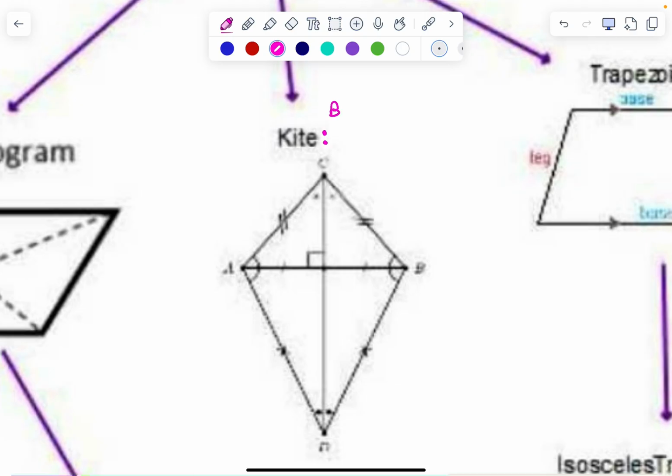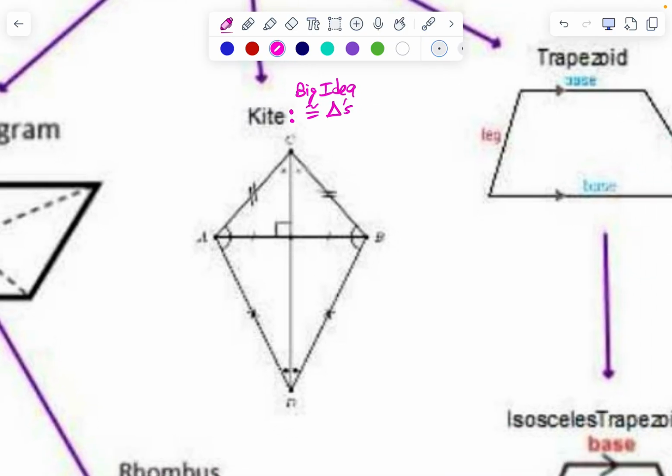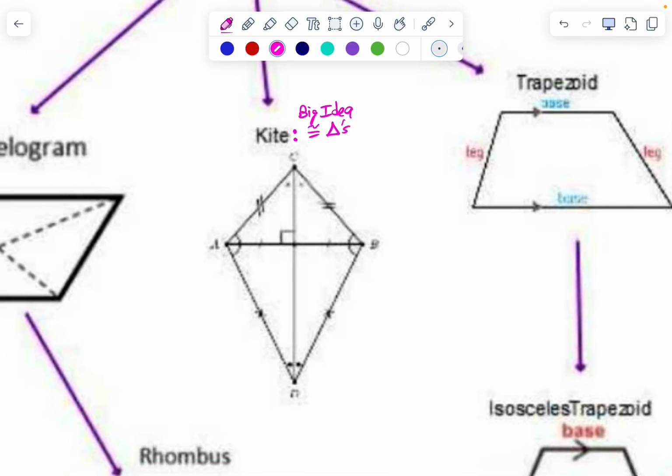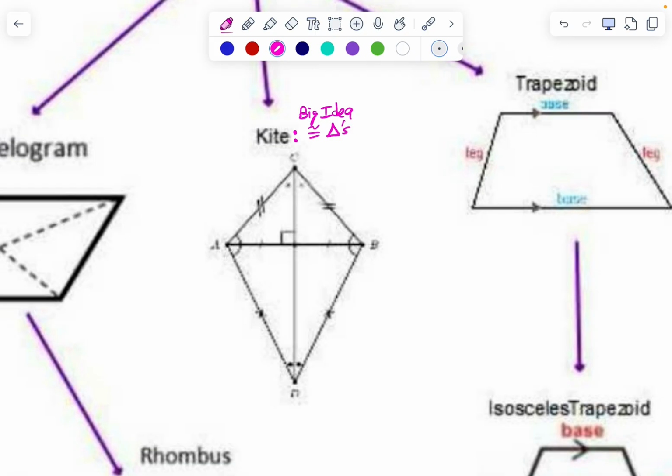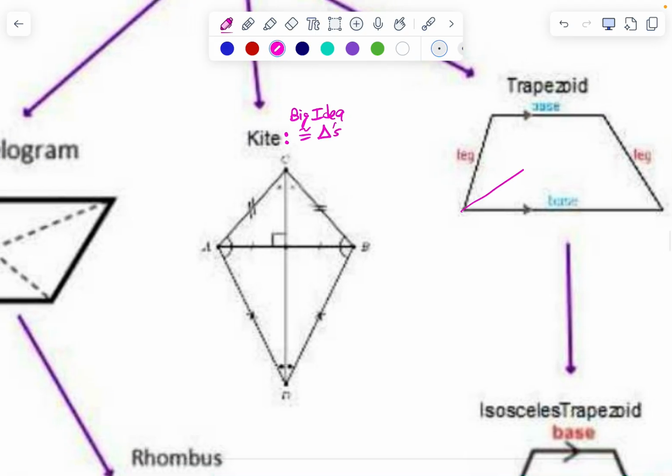I'm going to say big idea is congruent. Let's use the symbol, congruent triangles. Okay. Each of these figures have lines that go through the middle of them if we want to draw those in. Those lines are called diagonals. So, like on this trapezoid, I'm just going to borrow it for a second. If I draw these 2 lines in, those are called diagonals.